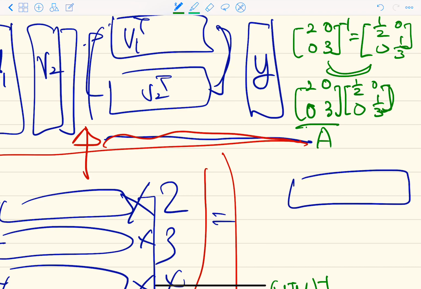Given some arbitrary matrix, multiplying by a diagonal matrix on the right performs column-wise scaling. This will scale the first column, and this will scale the second column.